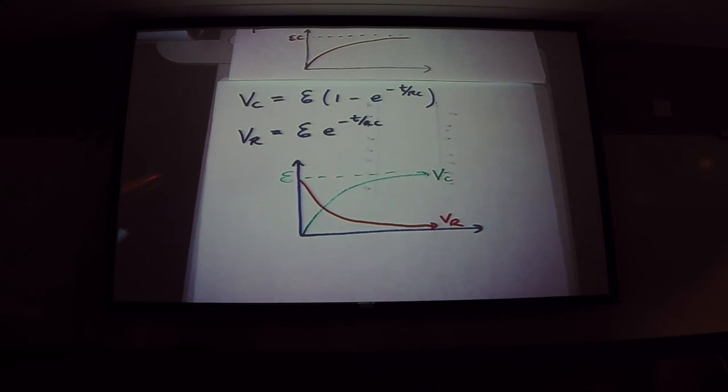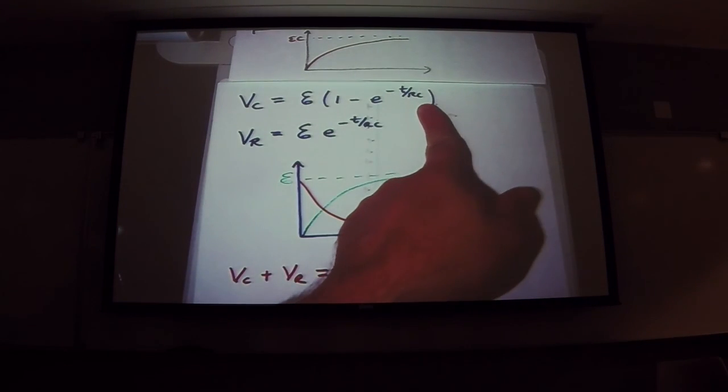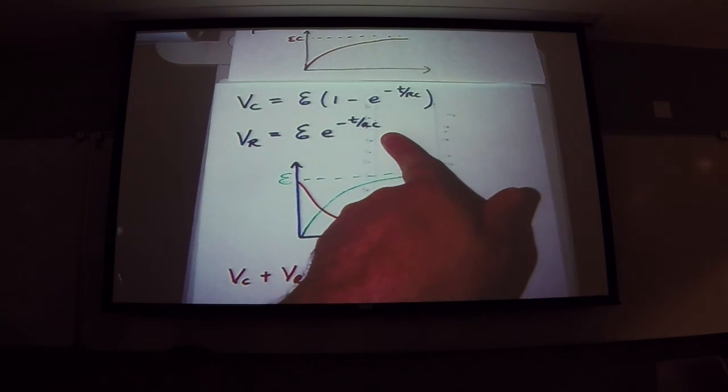Now, of course, let's take the sum of these two. Add them up. Here I have E minus E e to the minus t over RC plus E times e to the minus t over RC.